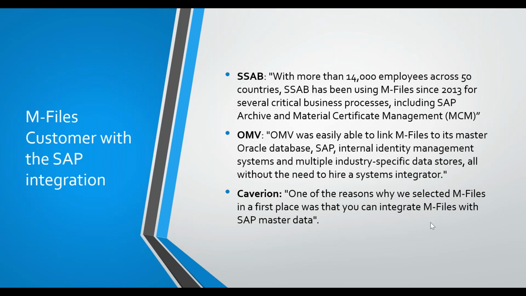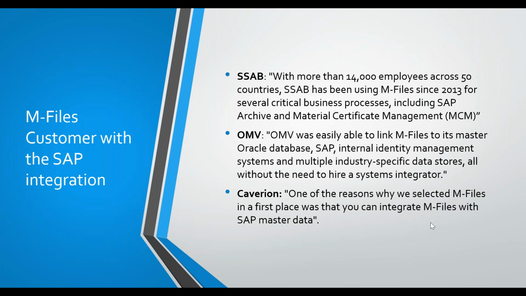Aside from that, we also have OMV. OMV is an Austrian oil and gas company. So they are using M-Files because it was easy for them to link it to their master Oracle database, their SAP, their internal identity management systems, and their multiple industry-specific data stores without the need to hire a system integrator.